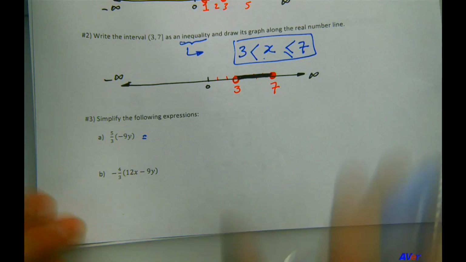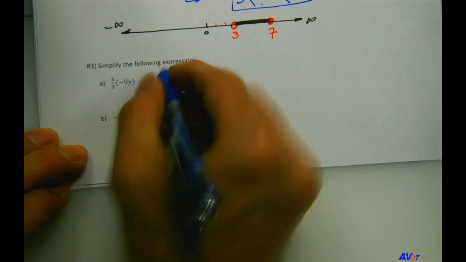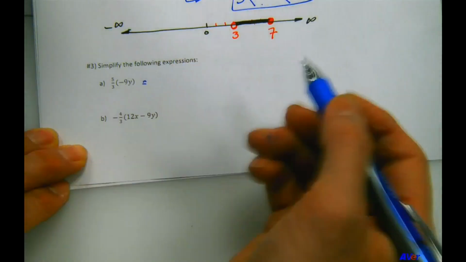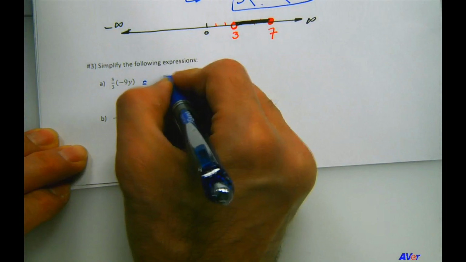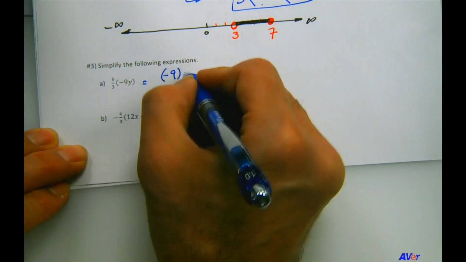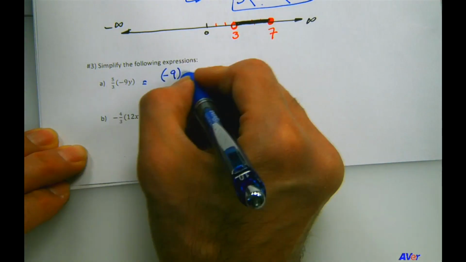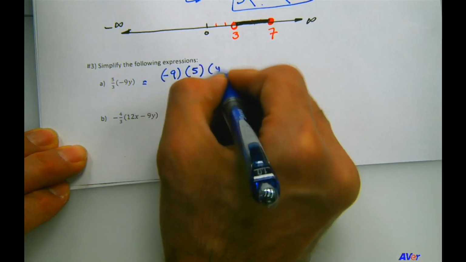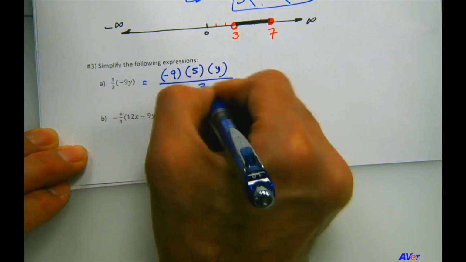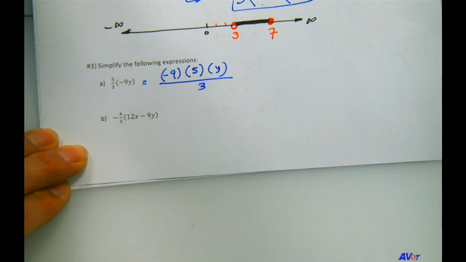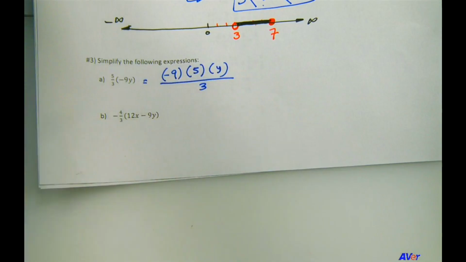Okay. All right. So this we can quickly simplify, but let me not skip a step. So minus 9 times 5 times y divided by 3. That's what we really have. Okay, so now 3 is a common factor of 9.